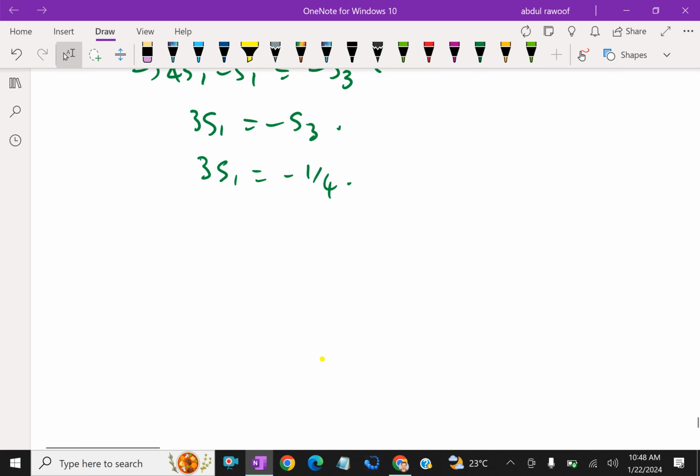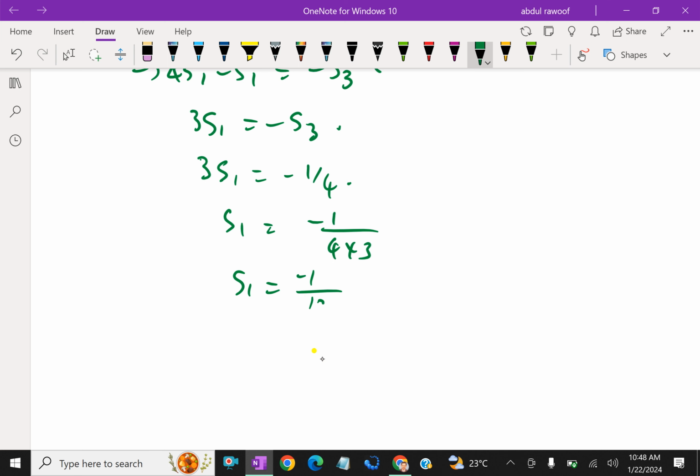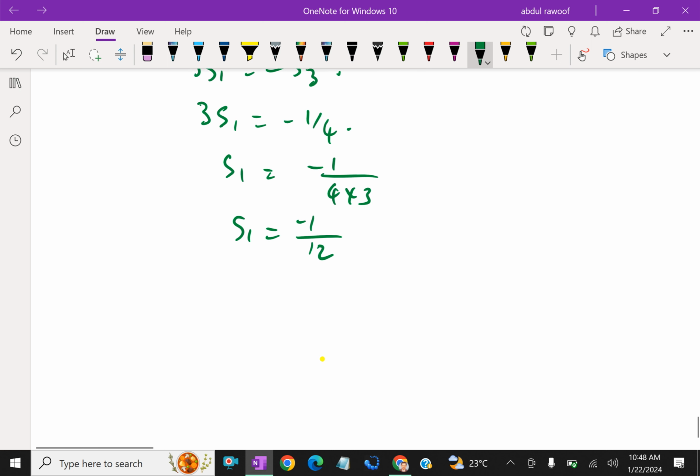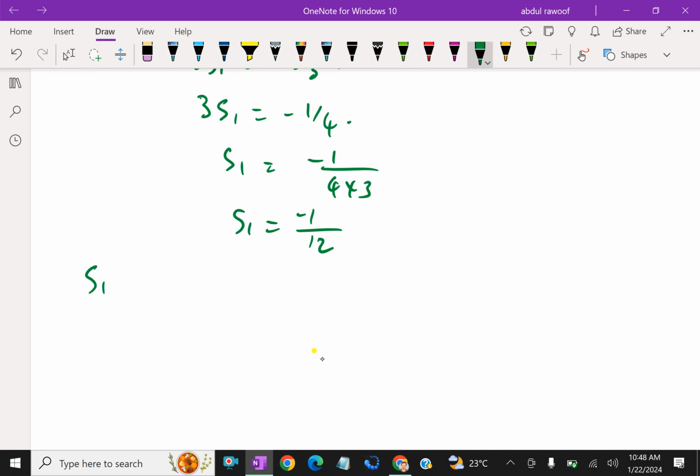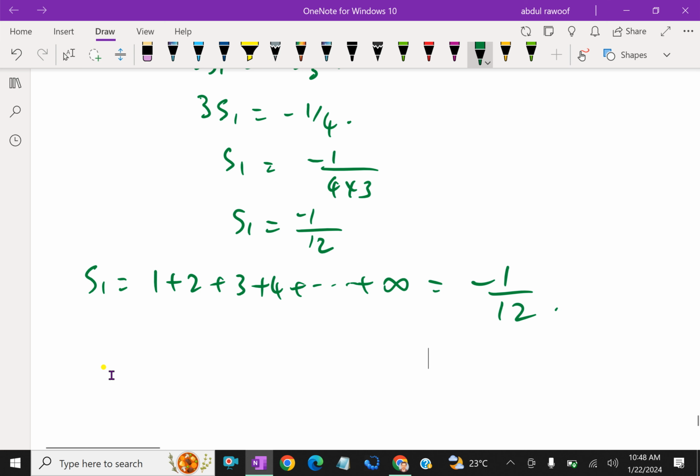Therefore S1 equals minus 1 by 4 into 3, so S1 equals minus 1 over 12. Therefore we proved S1 equals 1 plus 2 plus 3 plus 4 up to infinity is minus 1 over 12, such a strange answer.